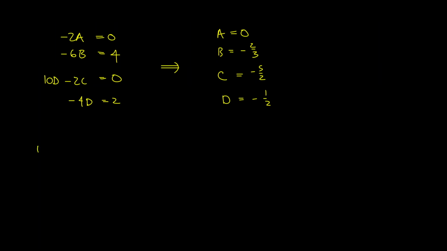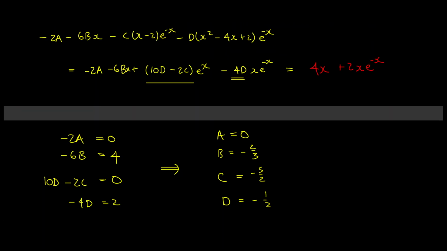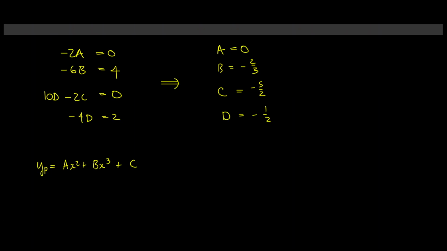Our particular solution, if you remember, is ax squared plus bx cubed plus cx plus dx squared, all multiplied by e to the x. Let's just go back up and check. This was our choice here. So plus cx e to the negative x plus dx squared e to the negative x.